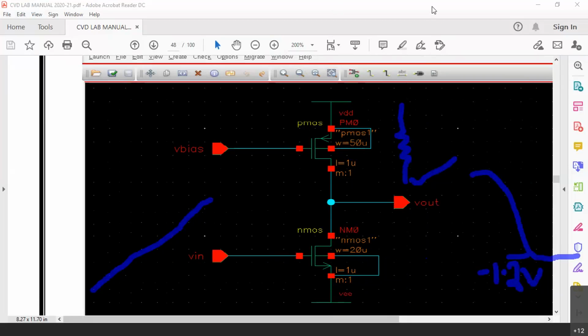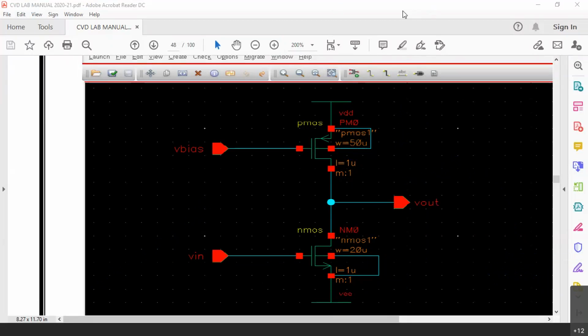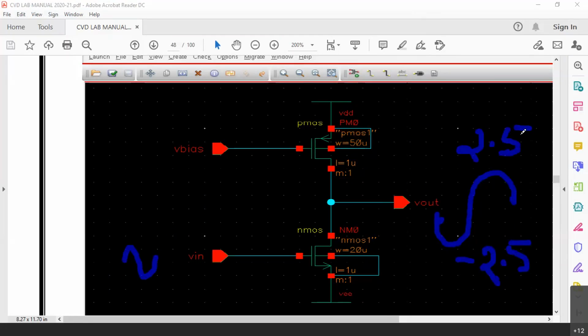Let me show you that. Now, we have an input here. We expect an output like this, right? The output is supposed to be between minus 2.5 and plus 2.5. Now, if there has to be a faithful amplification, this NMOS should not go into deep linear region or deep threshold region at all.